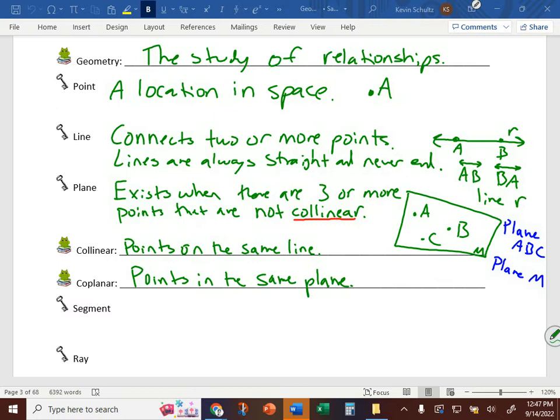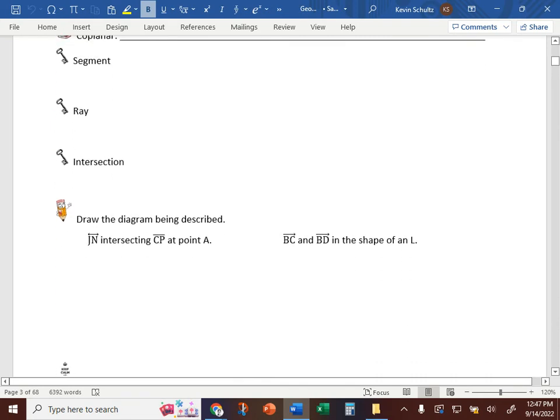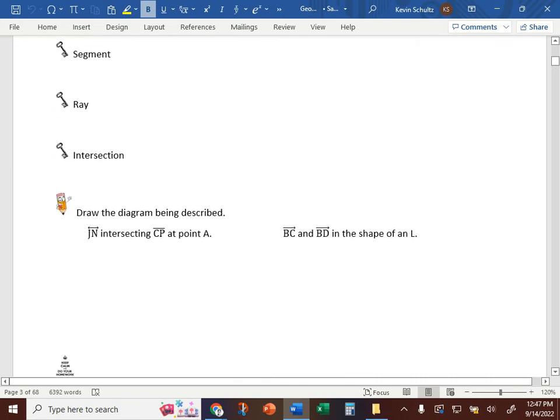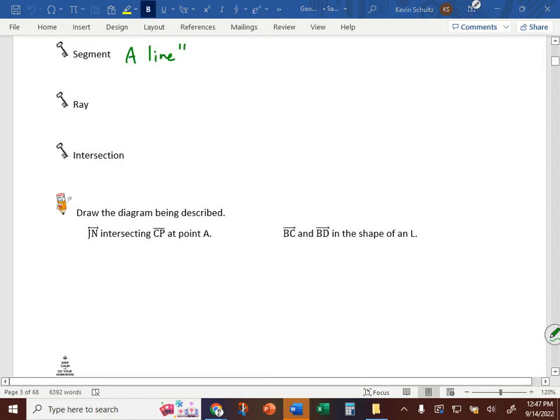All right. Some other elements of geometry: segment, ray, and intersection. You've probably heard of a segment and a ray before. What is a segment? Kylie? Okay. So it is, I'm going to call it a line, but it's not a line because it ends.